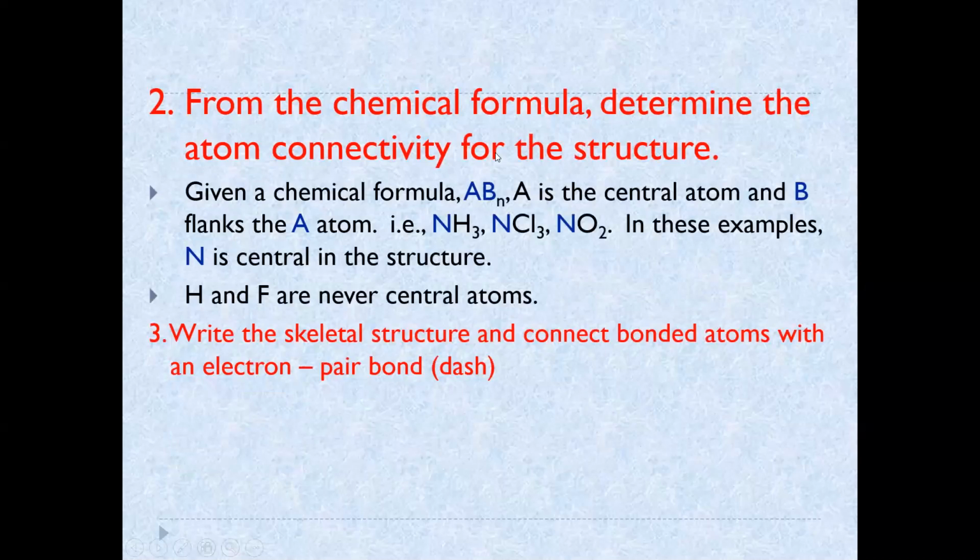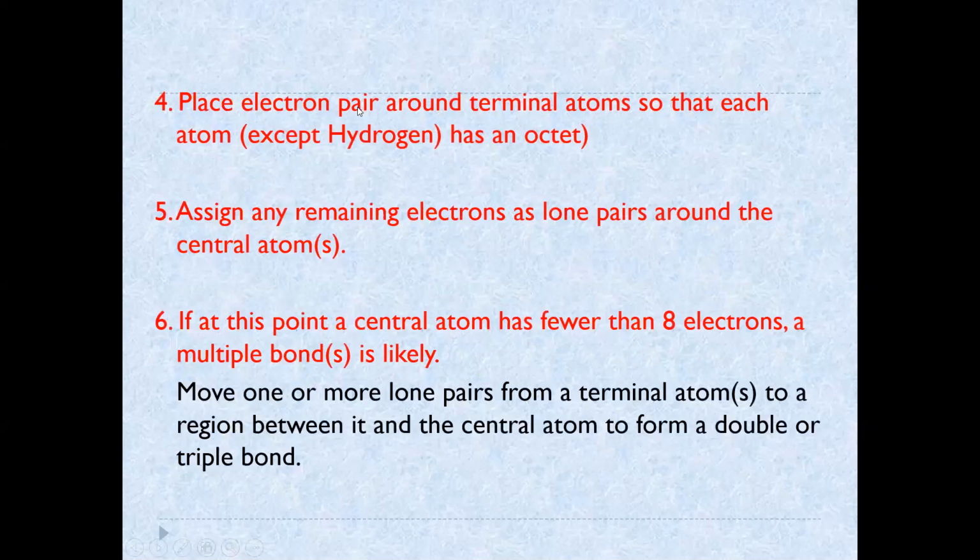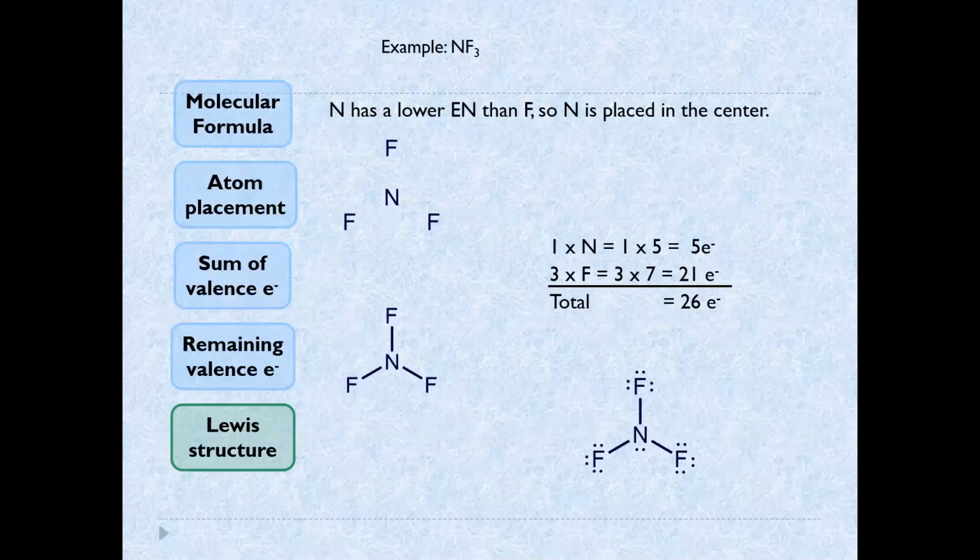And the rule says that we should determine the atom connectivity, and place electron pairs around terminal atoms so that each terminal atom has an octet. So that was what we did. We put the electrons around the terminal atoms. We gave each of them a pair, 1, 2, 3, 4, 5, 6, 7, 8. For this one also 1 to 8, and for this also 1 to 8.